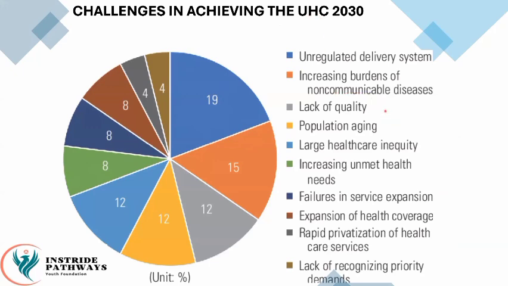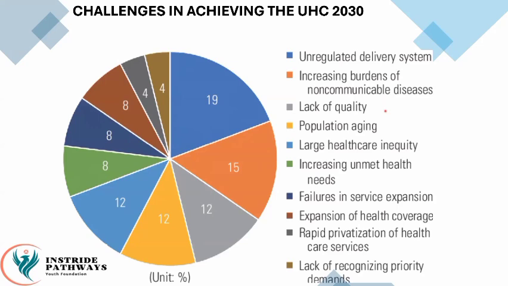Then we have lack of quality. And another thing is we have an aging population. When you come to Europe, you come to America, we're having an increase in aging population. And when we have an increase in aging population, it means that the percentage of young people available to work is reduced.